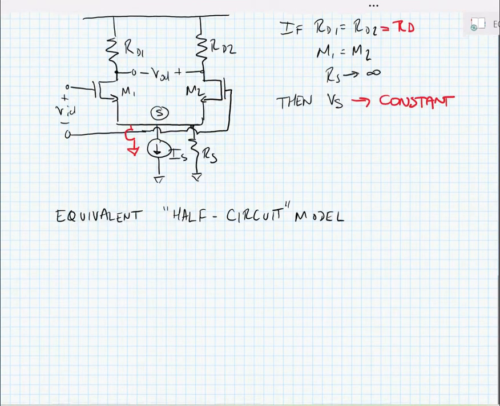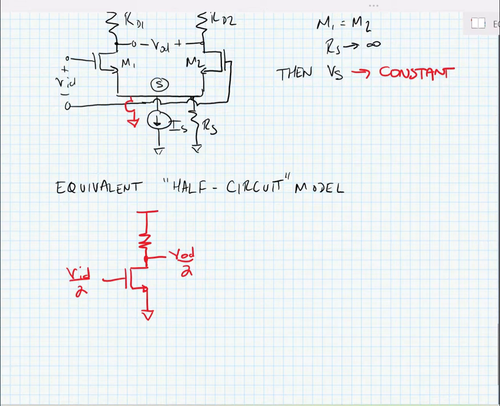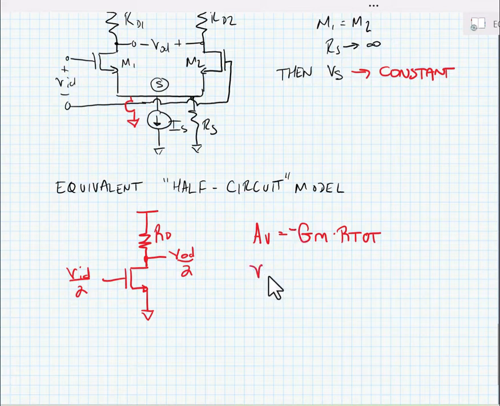Now, in our half-circuit model, we would assume that half of the input voltage is going into the equivalent circuit model, and half of the output voltage is coming out. Now, we know that the voltage gain for this circuit is, of course, big GM times R total. The definition of voltage gain here would be equal to VOD divided by 2 divided by VID divided by 2, or simply VOD divided by VID.